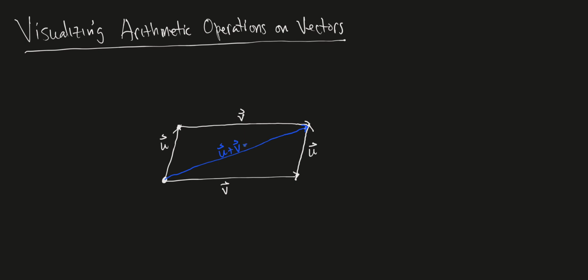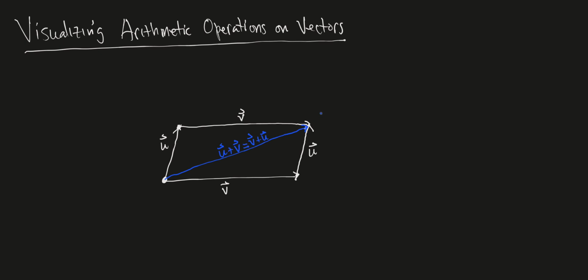So it's almost like geometrically we just proved the commutativity property of vector addition. It doesn't matter if you add u plus v or v plus u, you are going to end up with the same result. So pretty cool, right? So that's the sum.